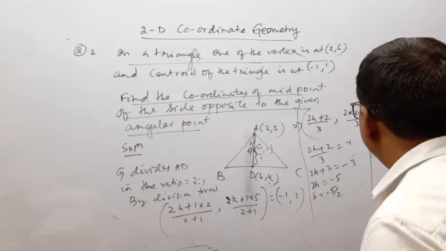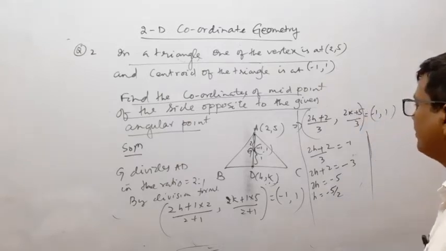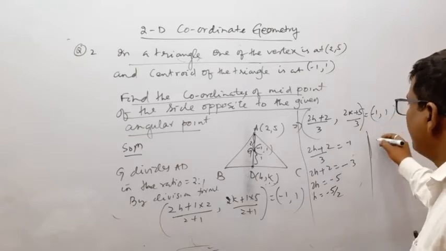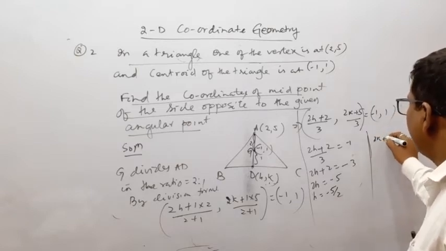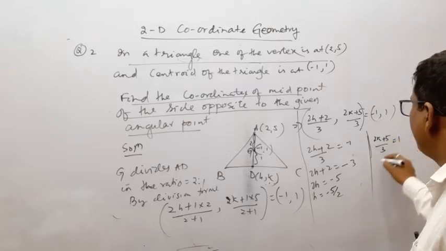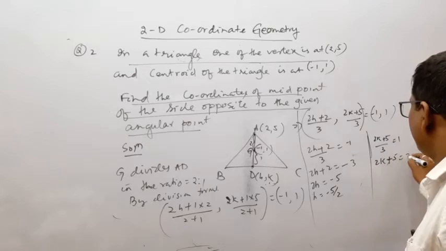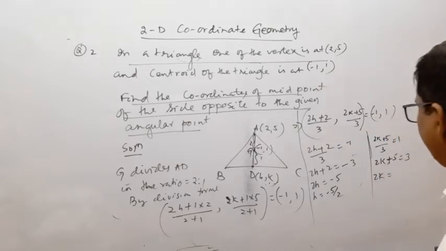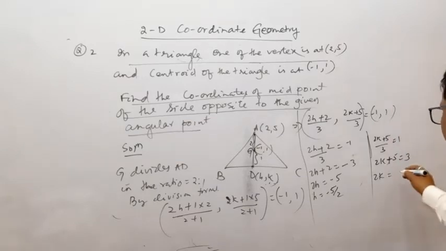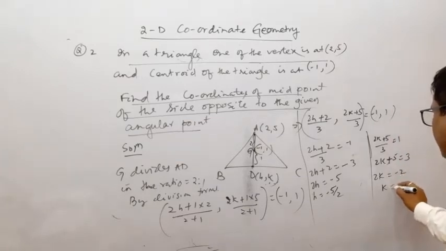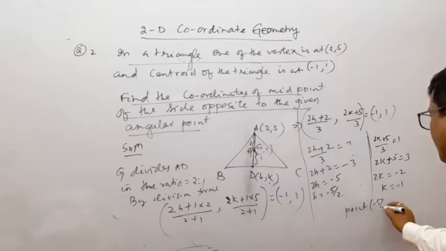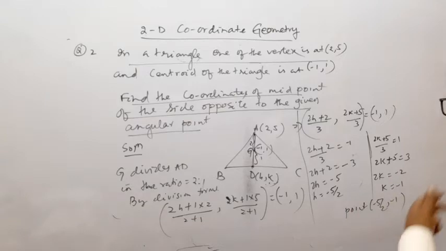Similarly, (2k plus 5) by 3 is equal to 1. 2k plus 5 is equal to 3, and 2k is equal to minus 2. So k is equal to minus 1. So the point is minus 5 by 2 comma minus 1.